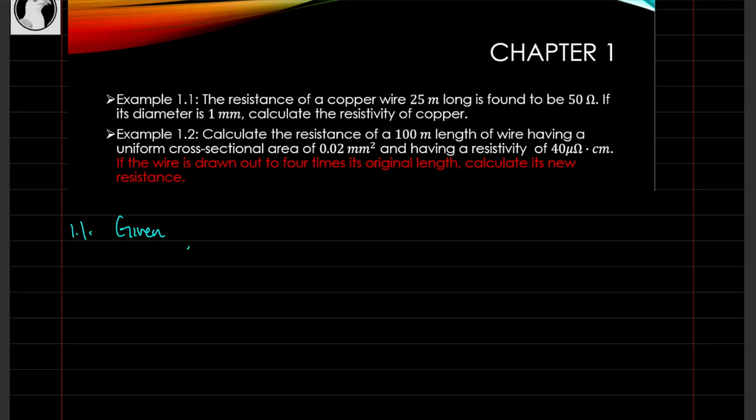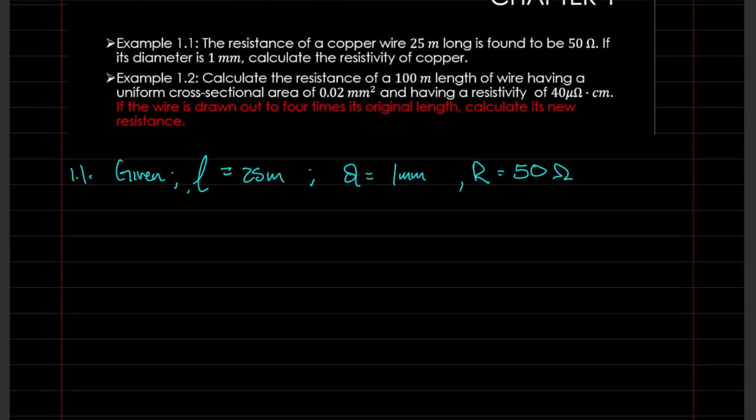In this case, we are given the length, 25 meters of it. We're given the diameter, which is 1 millimeter. We are given the resistance as 50 ohms. So this is pretty straightforward. What we need is the area before we can plug it inside our formula.